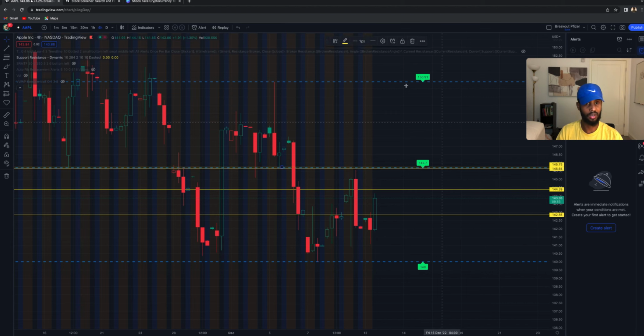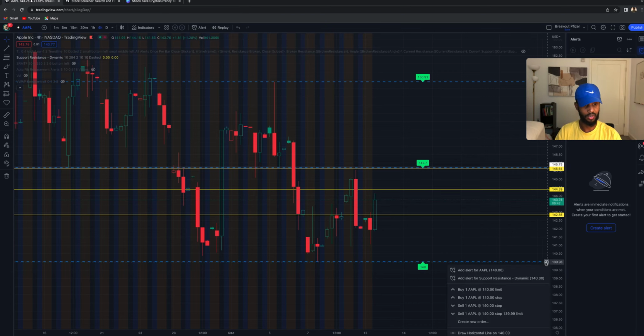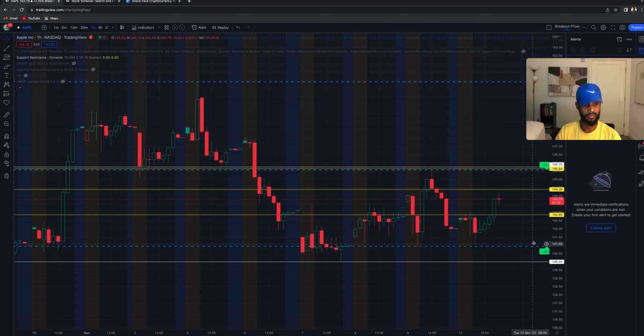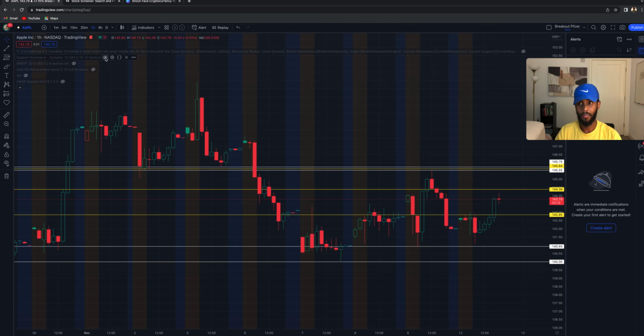We'll change the color. So when we refer back, we can see one is a fib level, one is from this indicator. And then we can do the same over here. And then we go to the hour chart. And we can see that we have this other level down here. And we can chart this as well. Now we turn that off.